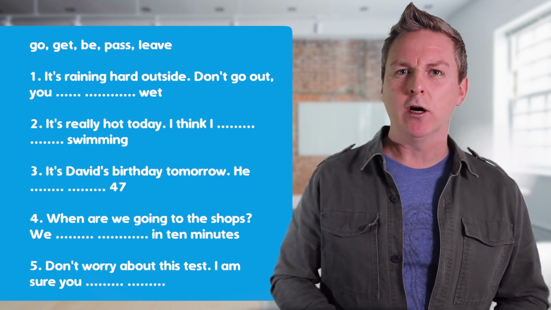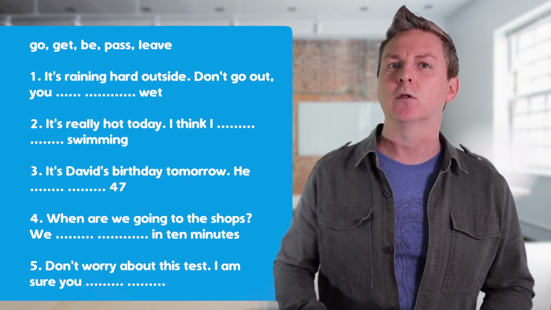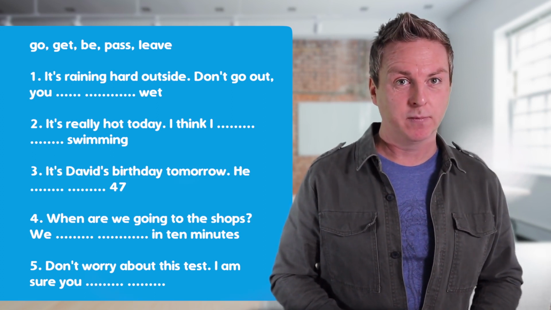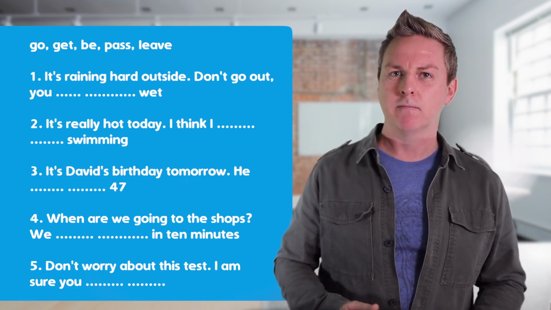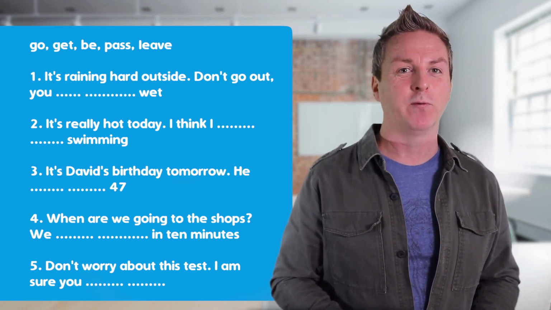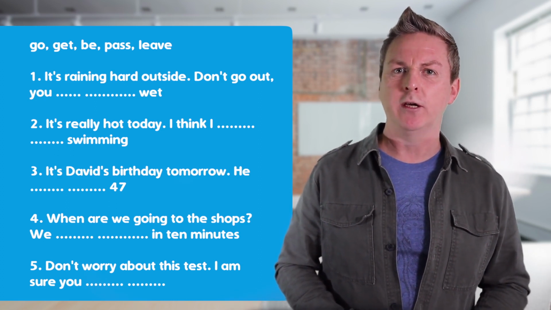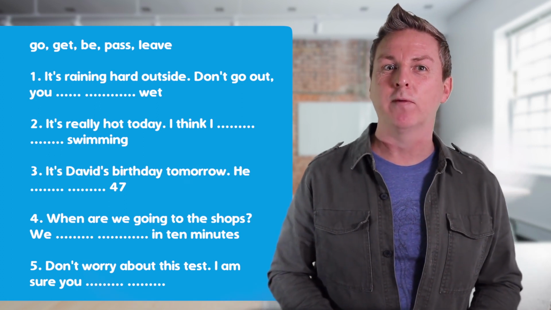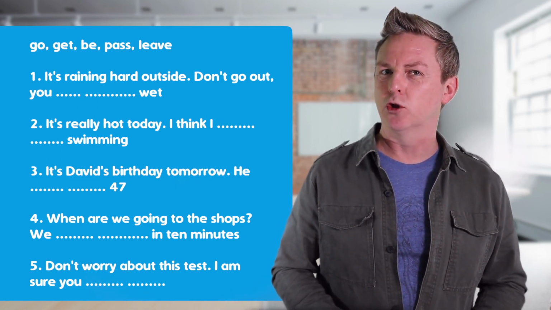It's really hot today. I think I will go swimming. Number 3. It's David's birthday tomorrow. He will be 47. Number 4. When are we going to the shops? We will leave in 10 minutes. And number 5. Don't worry about this test. I'm sure you will pass.